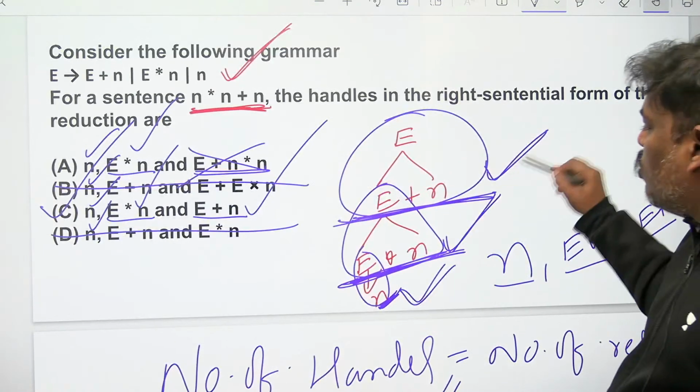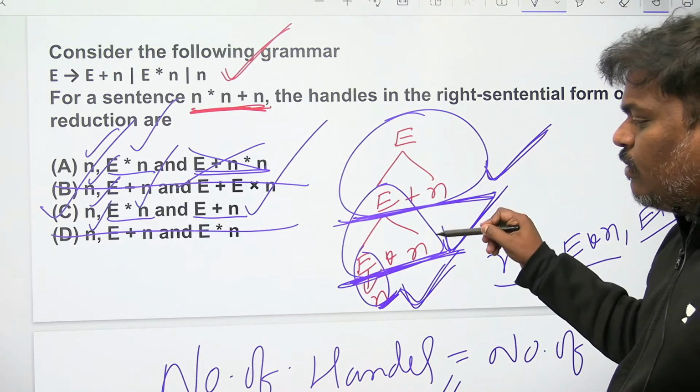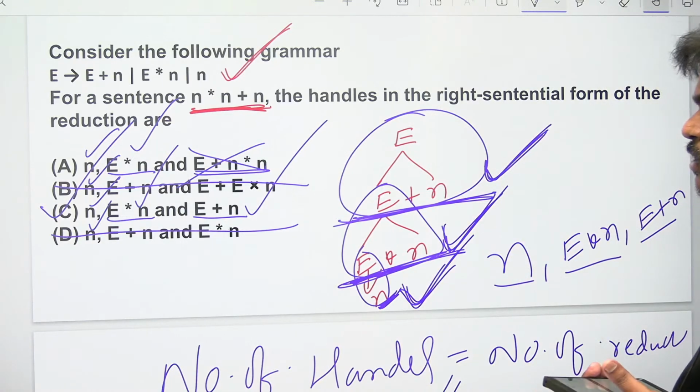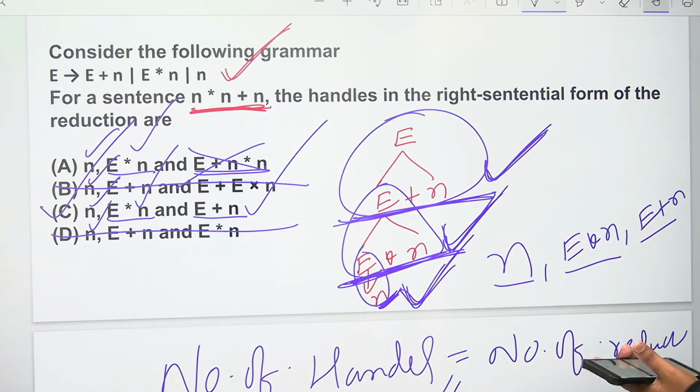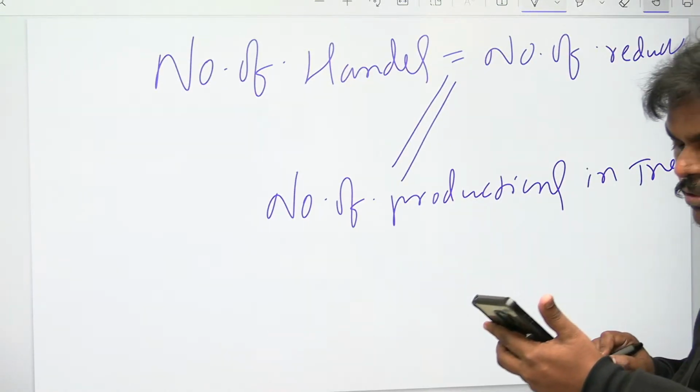How many productions are you using in the tree? In the tree, 3 productions you are using. The number of handles is equal to the number of reductions is equal to the number of productions.